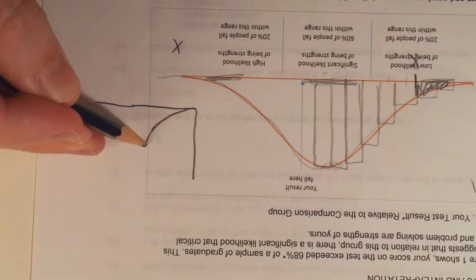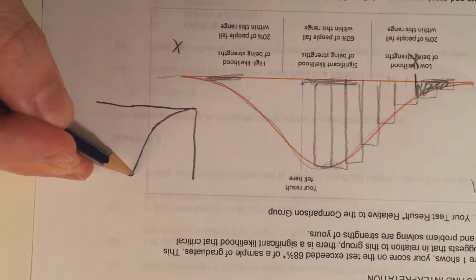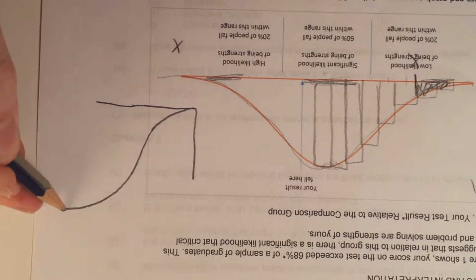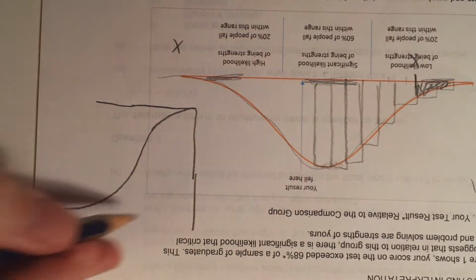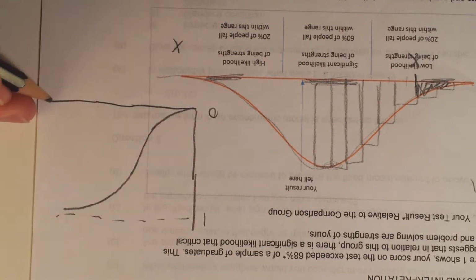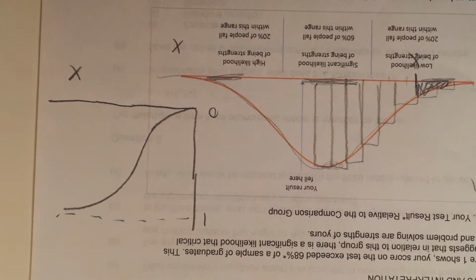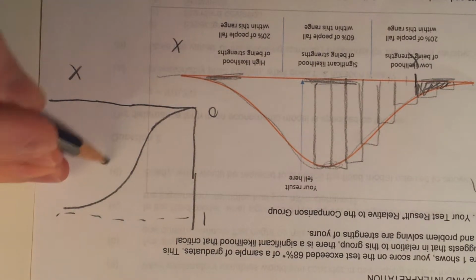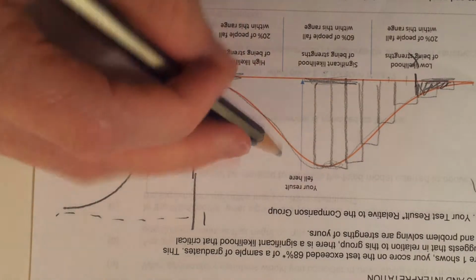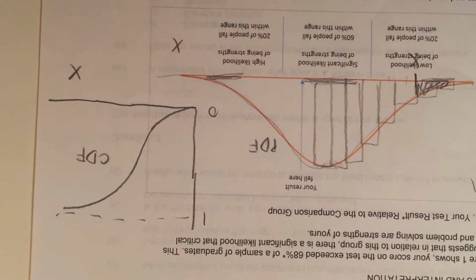It's rising at a faster rate, then after the mean, that middle value, it starts to slow down, and eventually it has, in this case, an asymptote of 1. So this is the cumulative distribution function for a continuous distribution. This is the PDF that we have been shown.